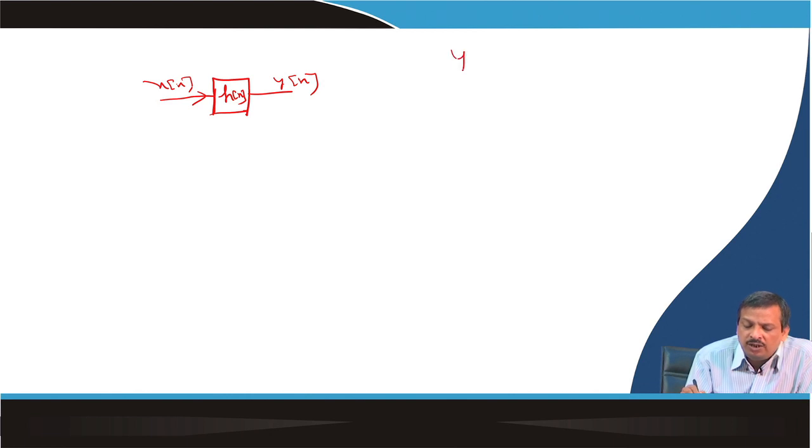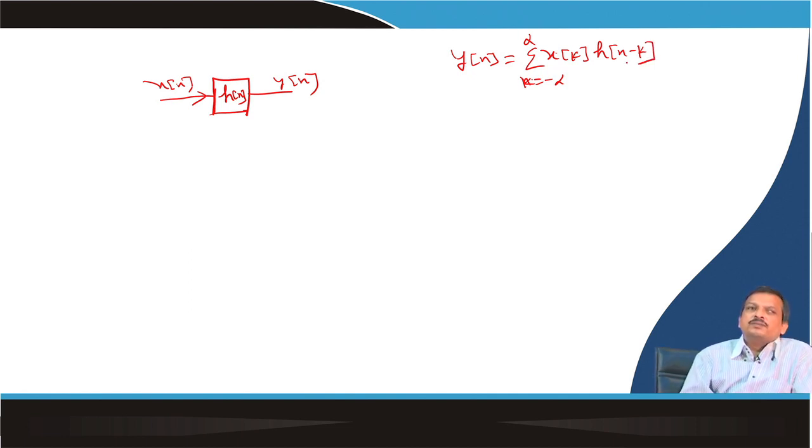The first procedure, in the time domain, is nothing but a linear convolution, the sum over k equal to minus infinity to infinity of x of k into h of n minus k. So, this is linear convolution. Directly I can calculate y. What is the other way?